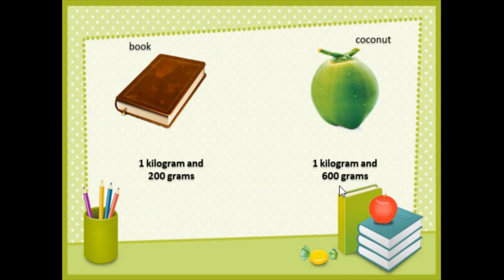Now, which is bigger? 200 or 600? Okay, very good. It's 600. Therefore, 1 kilogram and 200 grams is less than 1 kilogram and 600 grams.